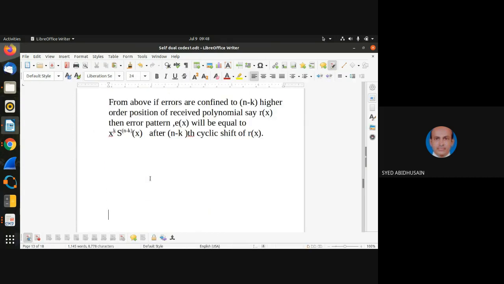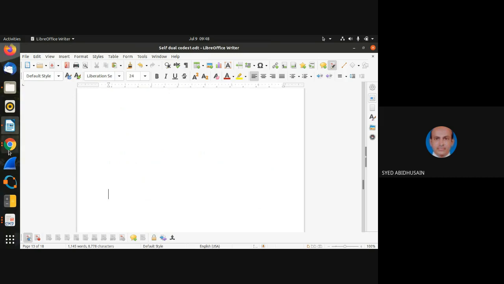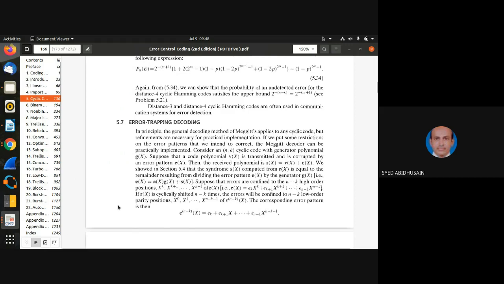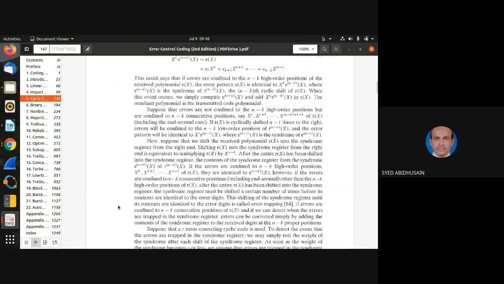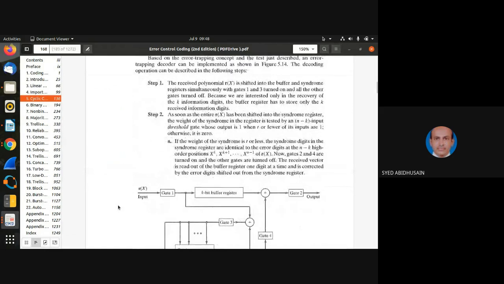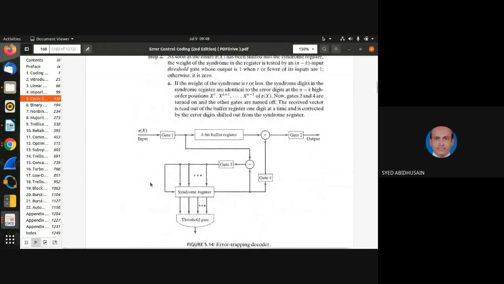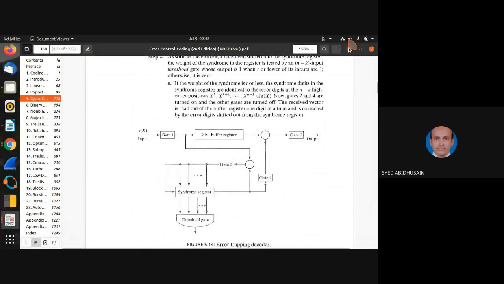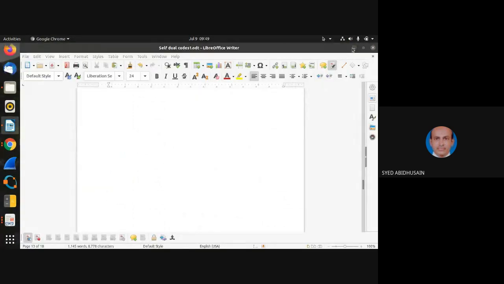Now let me show you the diagram here of error trapping decoding. This is what the discussion we have done so far. So many things are there. I've just taken this one. Just wait for a while.